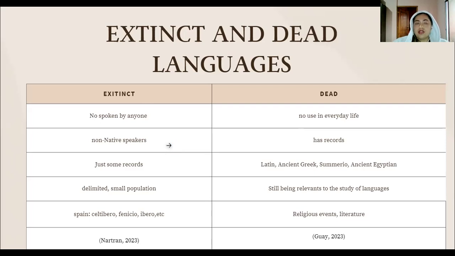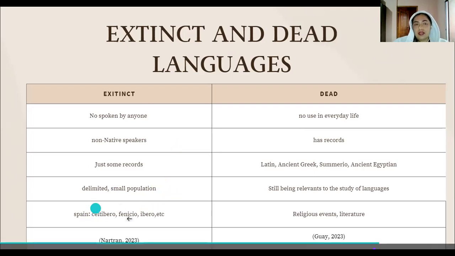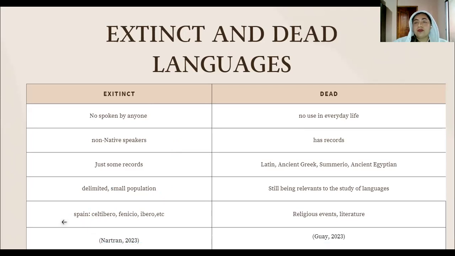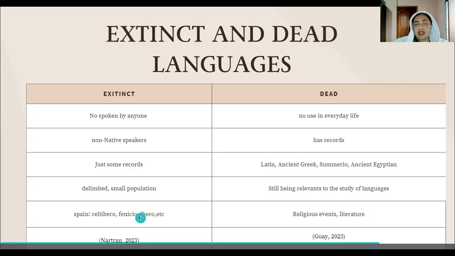This language has just some records, just some pictures, just some stuff like this. It was used in a small population that became extinct. For example, in Spain, they had Celtiberian, Phoenician, Iberian. These languages became extinct because the native people died and no one saved these languages.